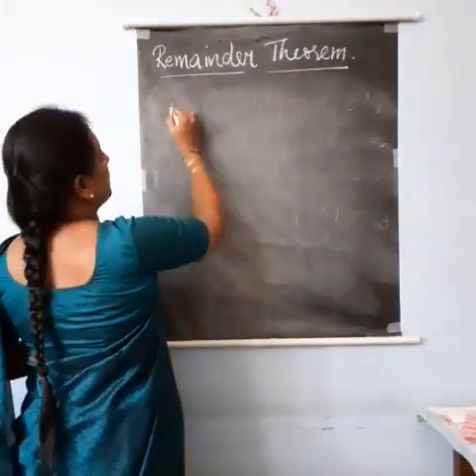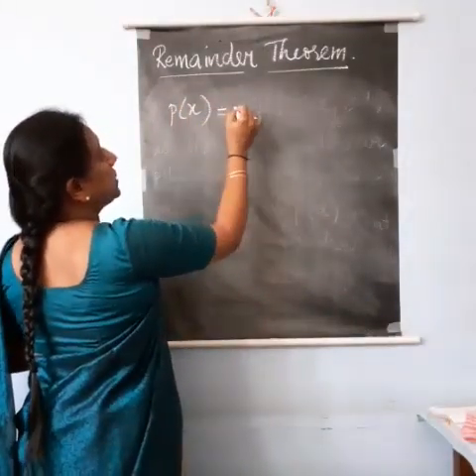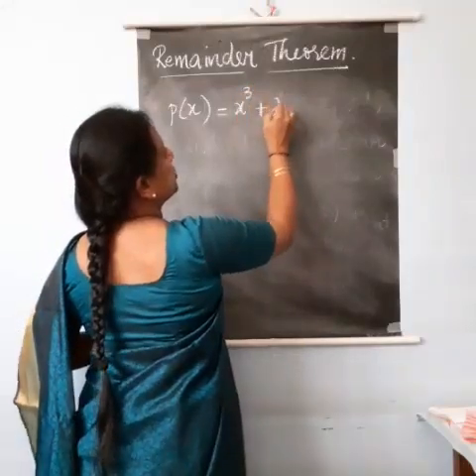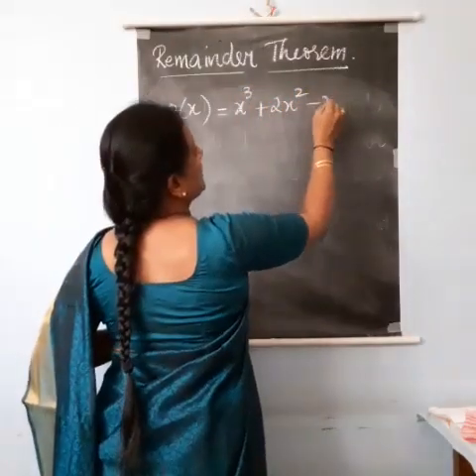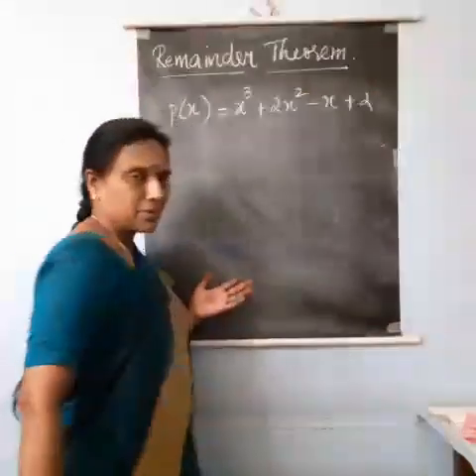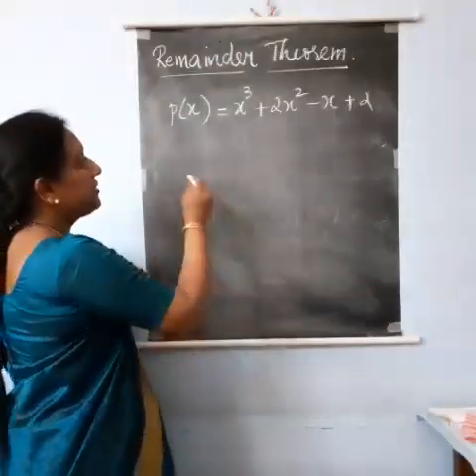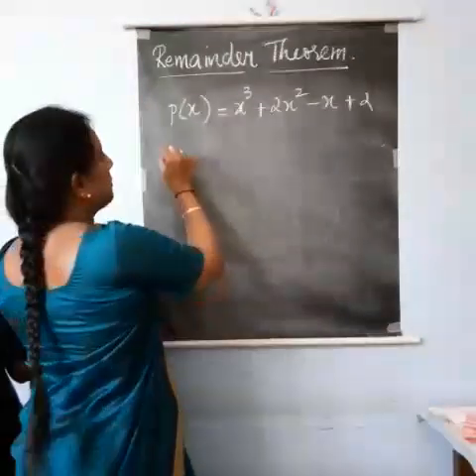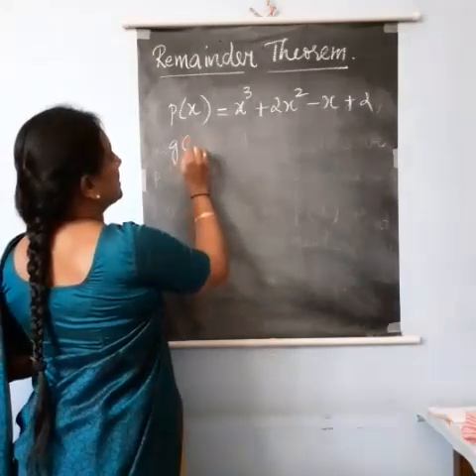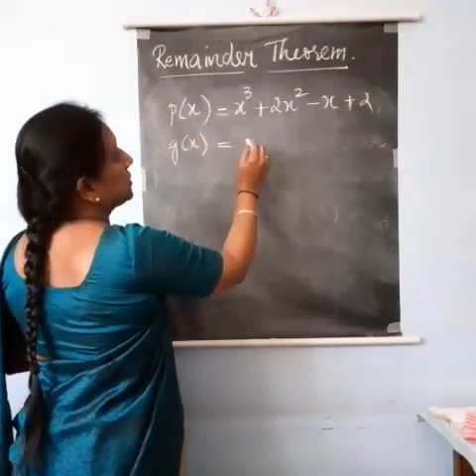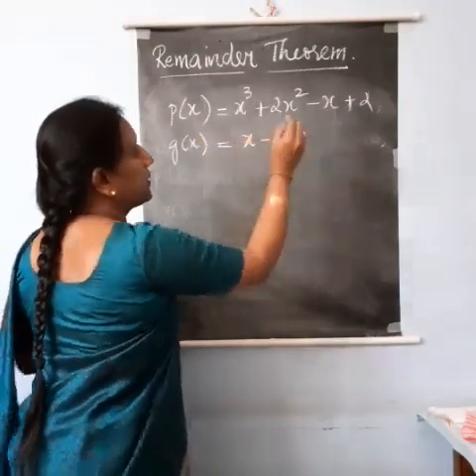We have a polynomial p of x equal to x cubed plus 2x squared minus x plus 2, and it is divided by another polynomial, g of x, which is equal to x minus 1.